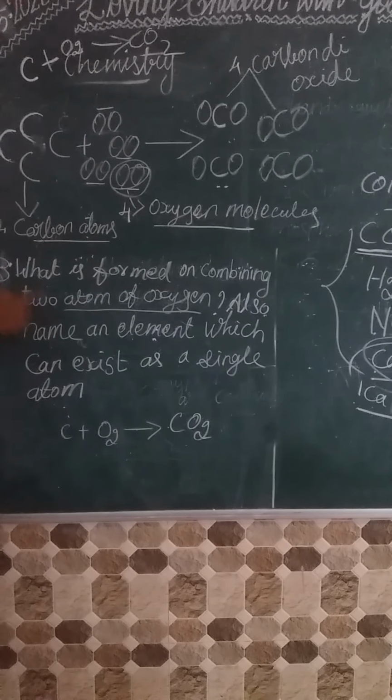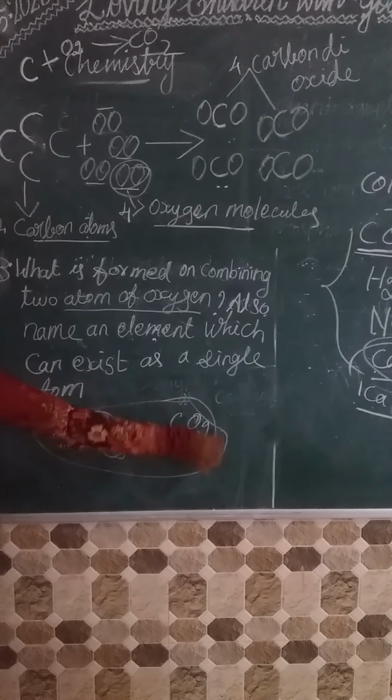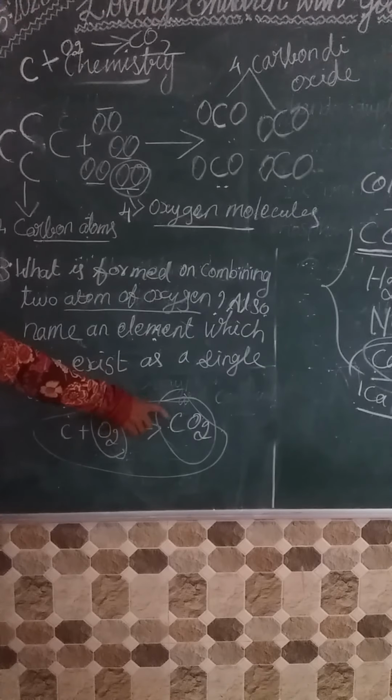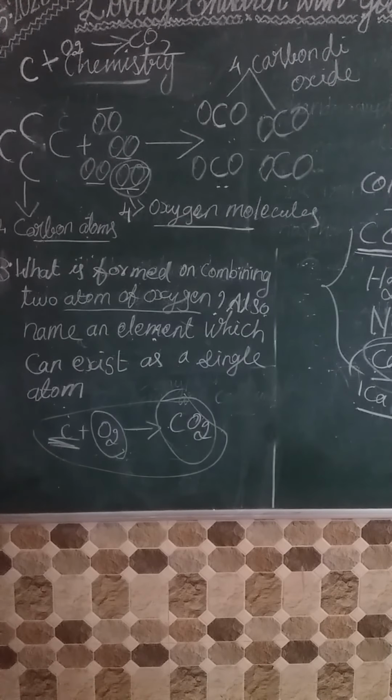That is carbon. Which one here in this reaction exists as a single atom? Here also we can see a single atom, only one carbon. So this carbon is the answer.